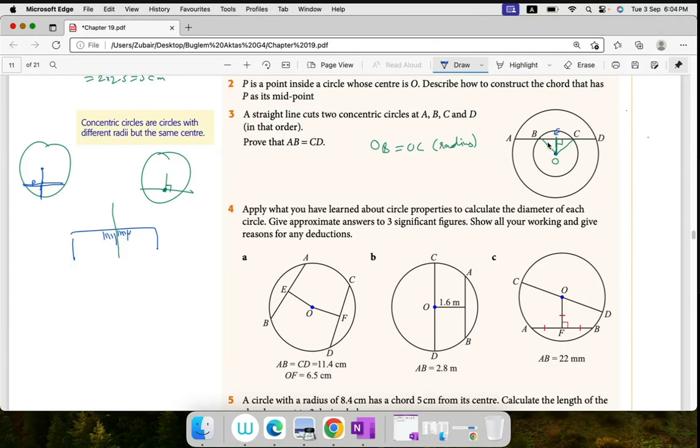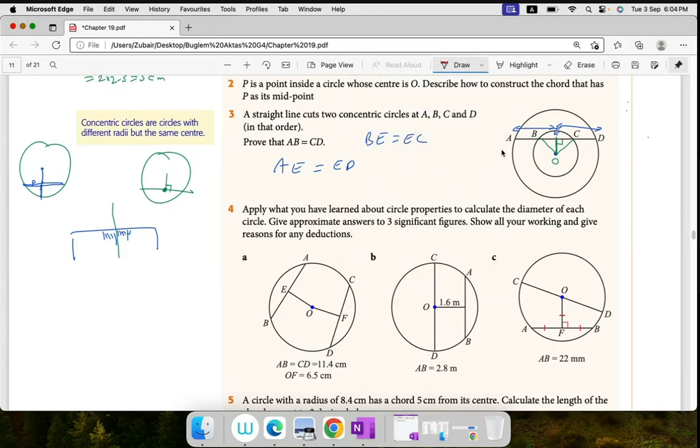So BE has to be equal to EC. Just using the property of the chord and the line, BE is equal to EC. On the other hand, I can say that AE is equal to ED, because the transverse line splits the chord into equal halves.